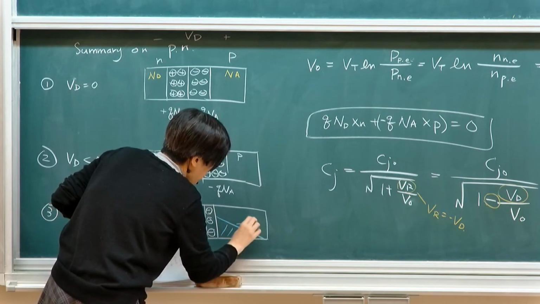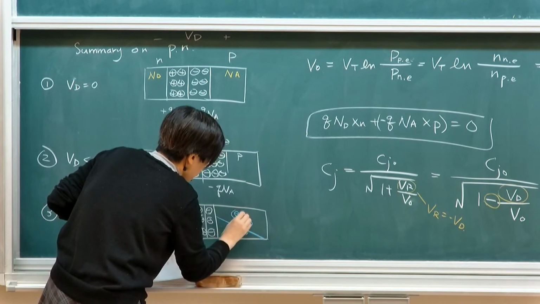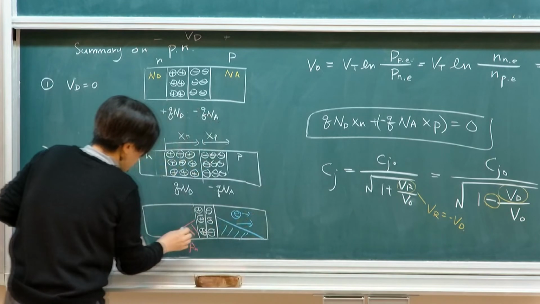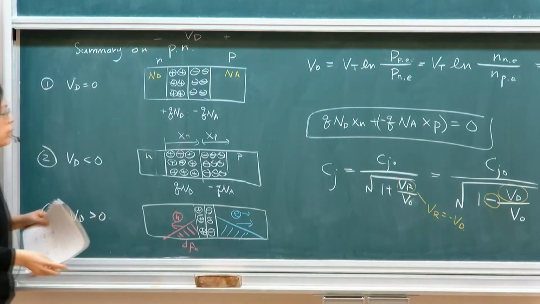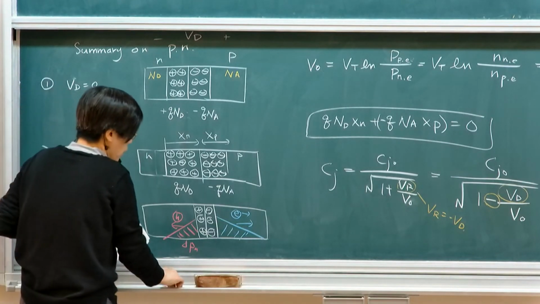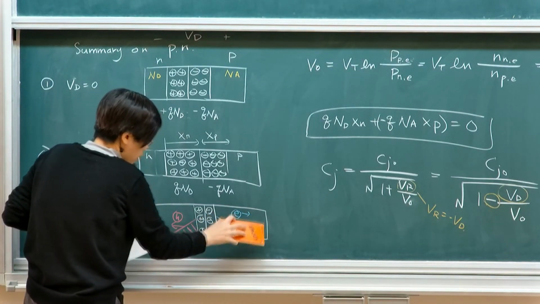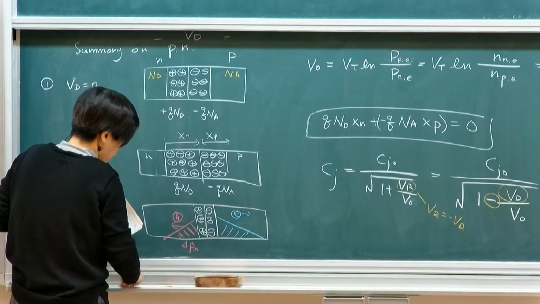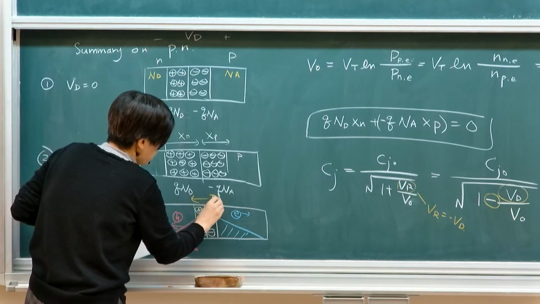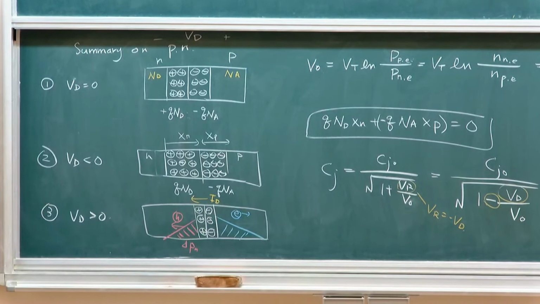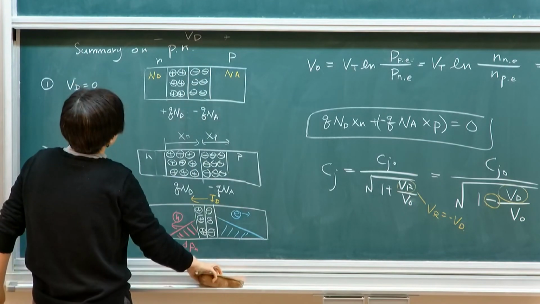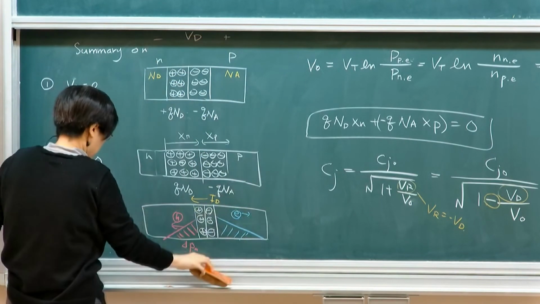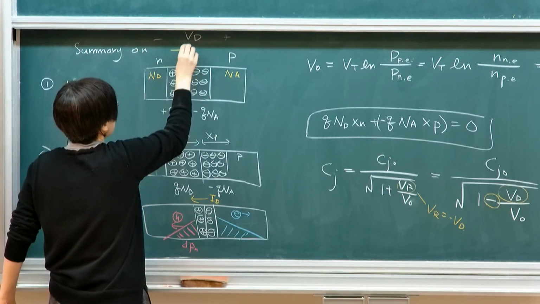So this would then lead to electron diffusion, hole diffusion, right? Electrons move in this direction, and therefore you get a net current going from N to P. Okay? So if I'm drawing a diode, the diode is in this direction, right?